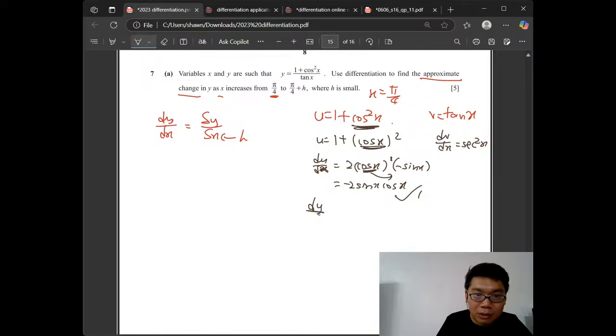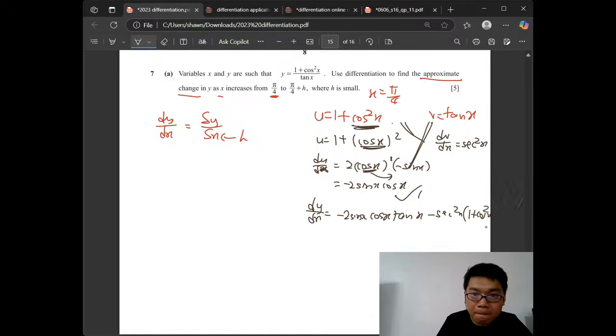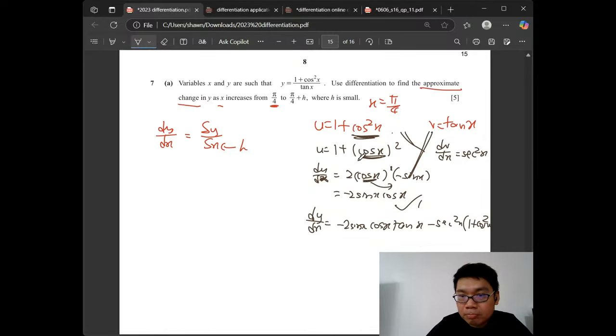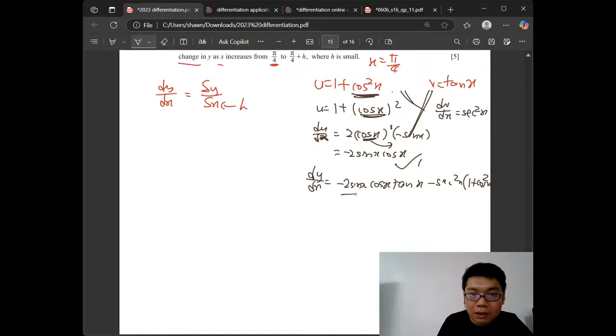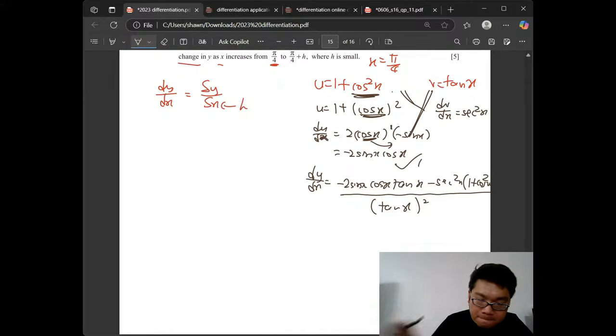And then dy dx equals the quotient rule: this times this, minus this times this, divided by this square. Okay, so fully correct answers like this is 1 mark plus 2 more marks. So total 3 marks here.